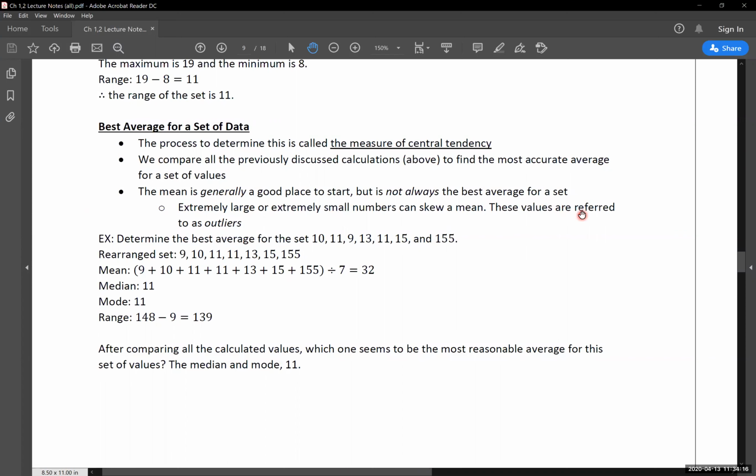So let's say, for instance, I'm trying to think of a less gruesome example than the stuff that's going on. If we're trying to determine average scores on a test, the best average for a set of 10 scores on a test. And if I'm looking at student scores, because no one's taken a test, this isn't representative of anybody. Let's say 9 of those 10 scores are all in the 80s, between 80 and 89.